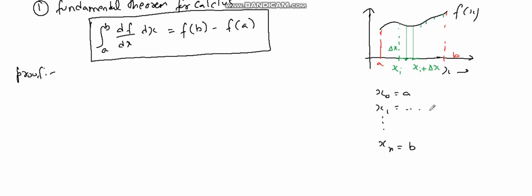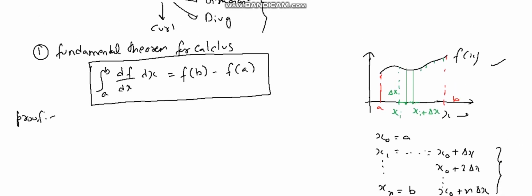And x1 can also be written as x0 plus delta x. Similarly, x2 will be x0 plus 2 times delta x. Similarly, xn will be x0 plus n delta x. So this is only for explaining what we are doing in this curve.